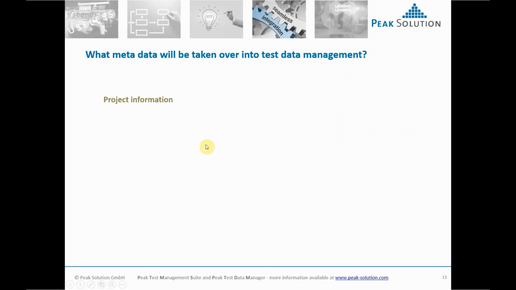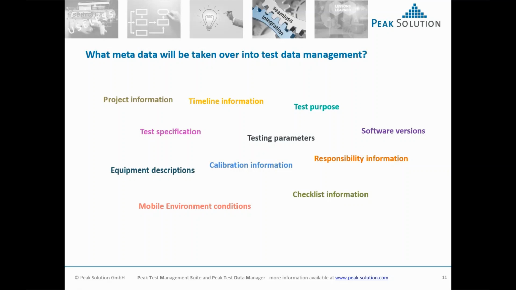Those are information like project information, timeline information, test purpose, test specification, testing parameters, software versions, equipment description, calibration information, responsibility information, mobile environment condition, checklist information. And I think you get the point. Any information which is collected in a test planning and preparation process might be transferred into the test data management module.